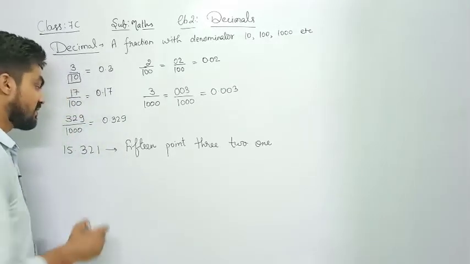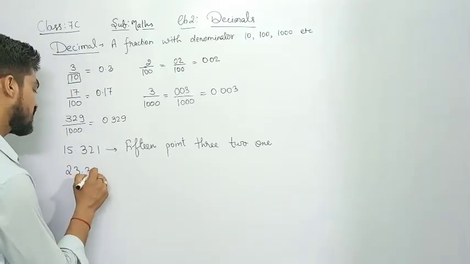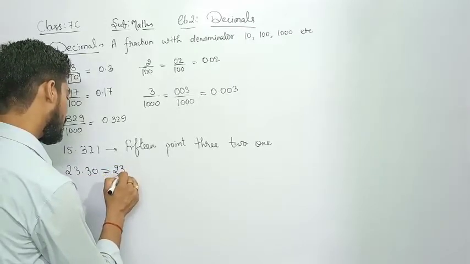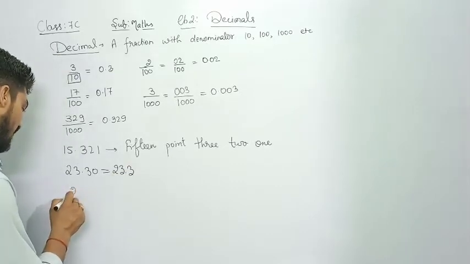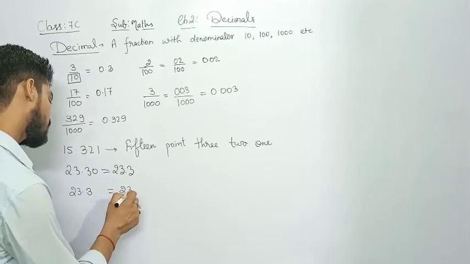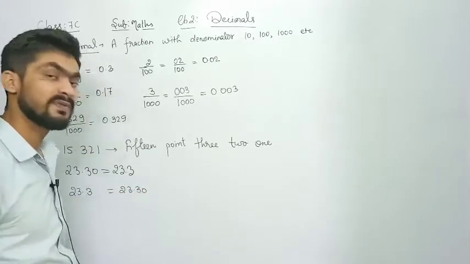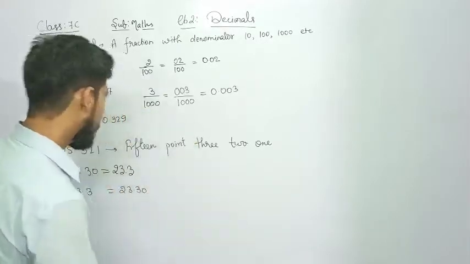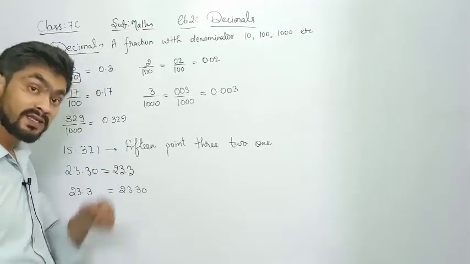Also, if a decimal number has, suppose, 23.30, this can be written as 23.3. Also, if you have 23.3, you can write 23.30. I told you that 0 will be the best companion while we are studying decimals, but we have to be very careful to place the 0 in the number.